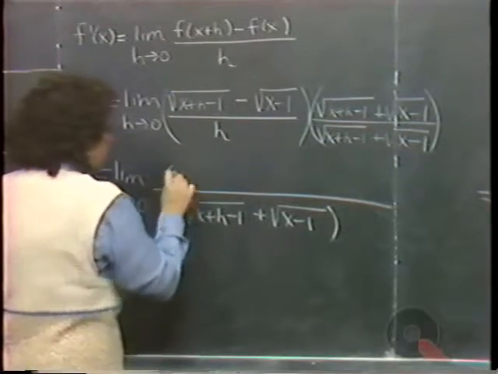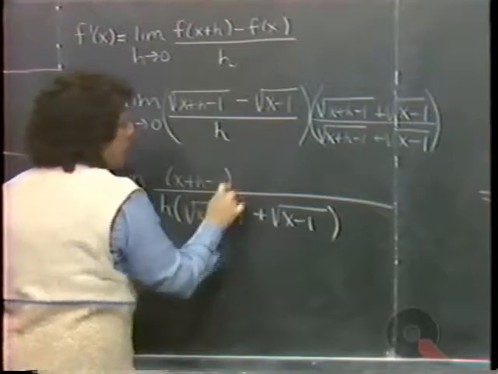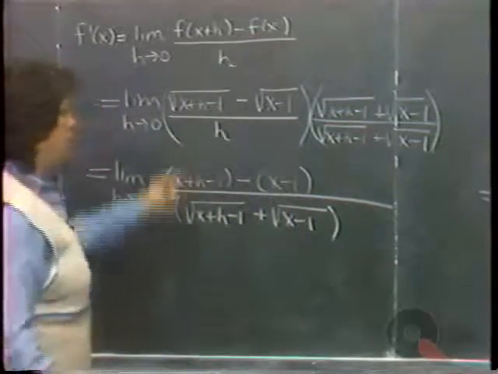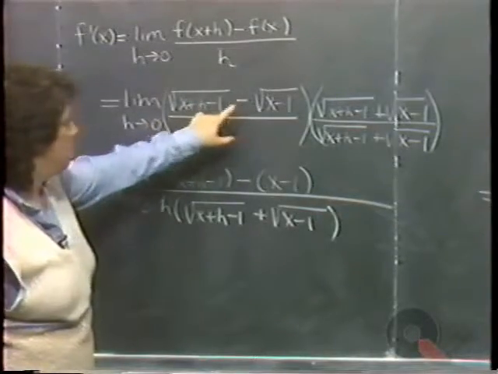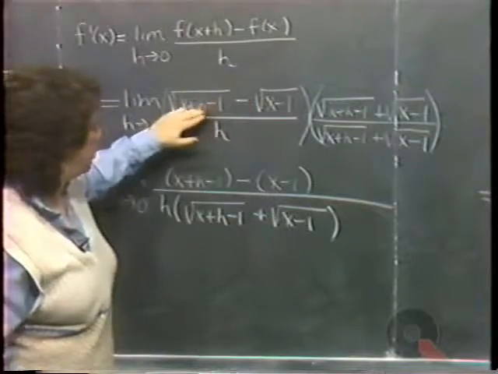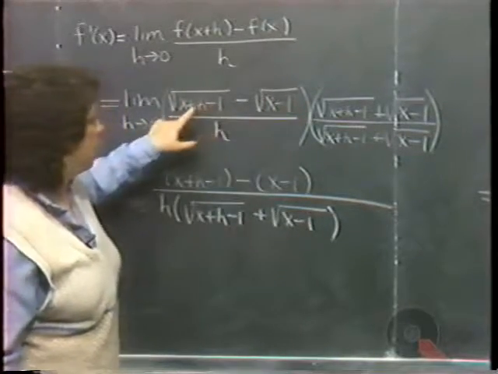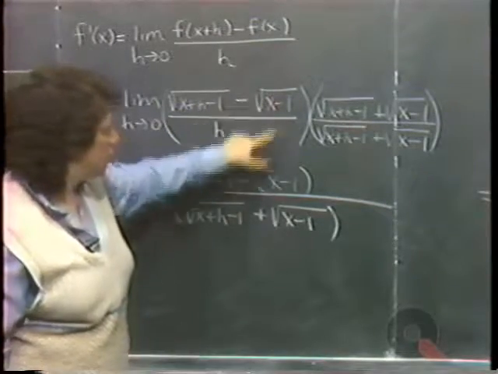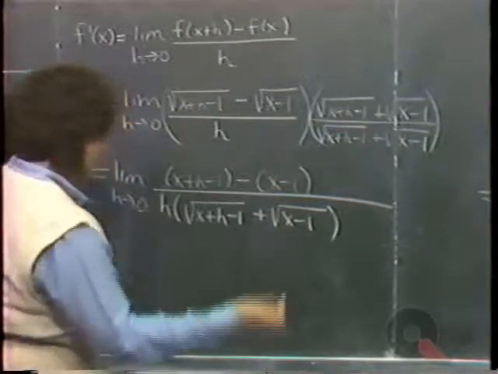So what you're going to get here is x plus h minus 1 minus, in parentheses, x minus 1. Let's look again. This is a minus b times a plus b. You should get a squared minus b squared. This squared, however, just gives you what's under the radical, minus this squared gives you what's under the radical.